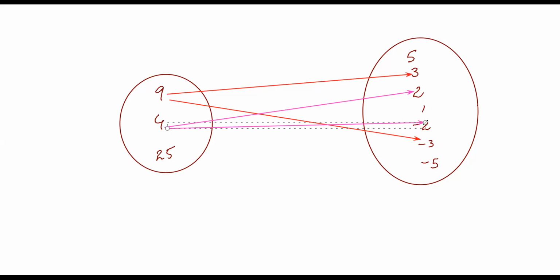Last but not least, 25. That is 5 square and -5 square.